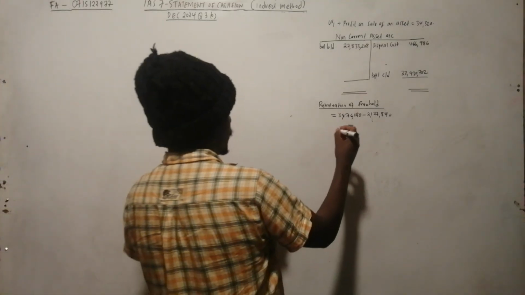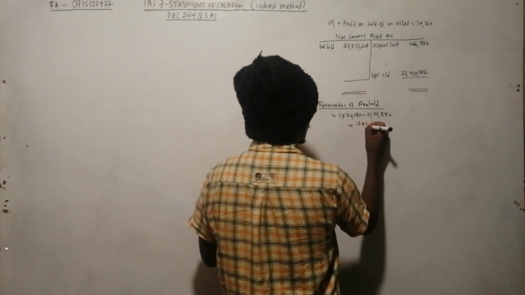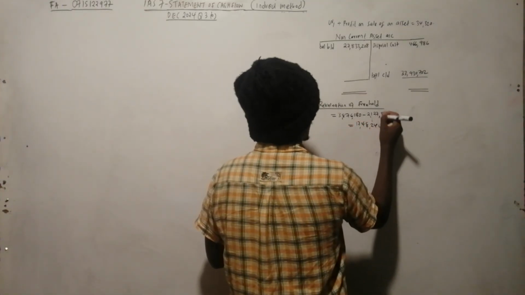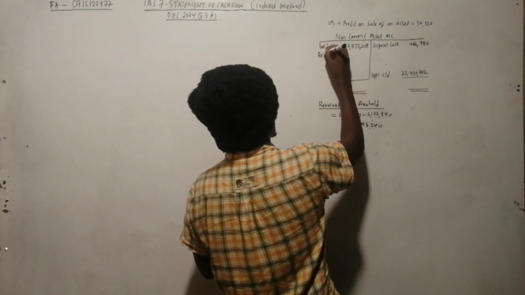So we find the difference. So we say 38,76,080 minus 21,27,840. We get 17,48,240. So that is the revaluation.